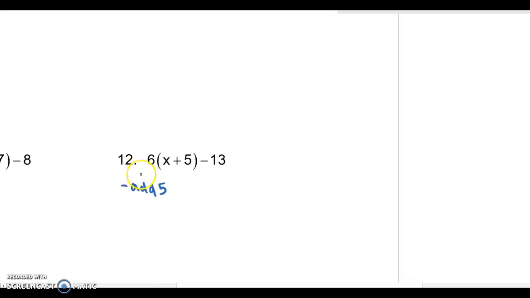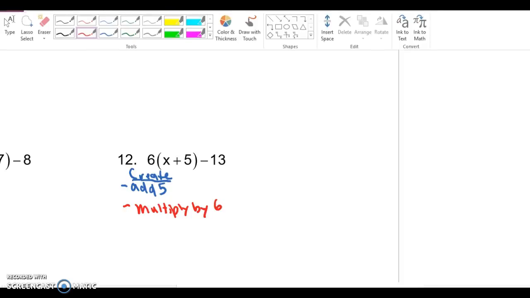So I'm going to rewrite this and call it create. Once we've done that, we have to multiply by 6. By adding 5, we've taken care of the parentheses. Now we're starting to work our way out. We've got our multiplication. And then our subtraction will come next.